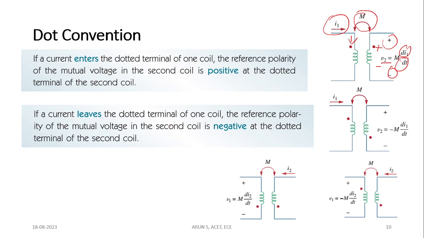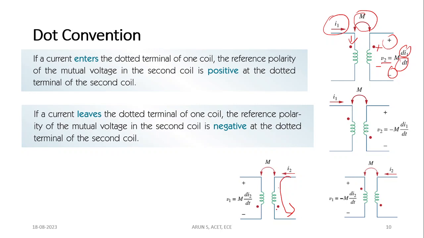In the other case, if current leaves the dotted terminal of one coil, the reference polarity of the mutual voltage in the second coil is negative at the dotted terminal of the second coil. In this case the current is leaving the dotted terminal. I2 is the current entering the undotted terminal and leaving the dotted terminal.